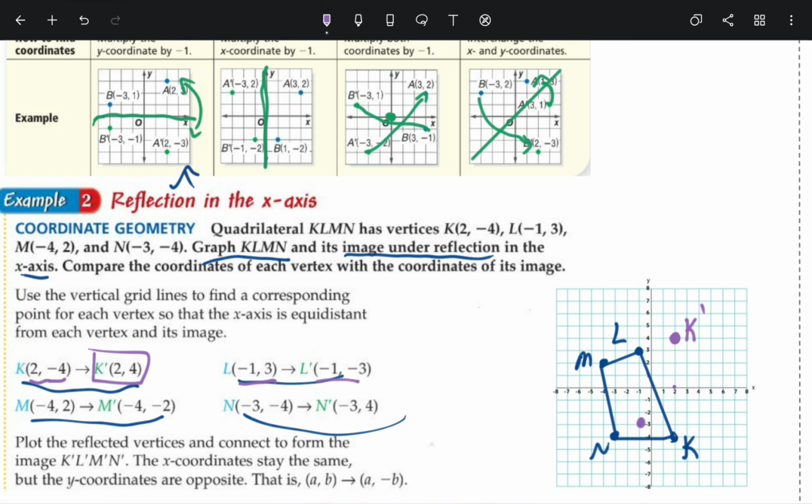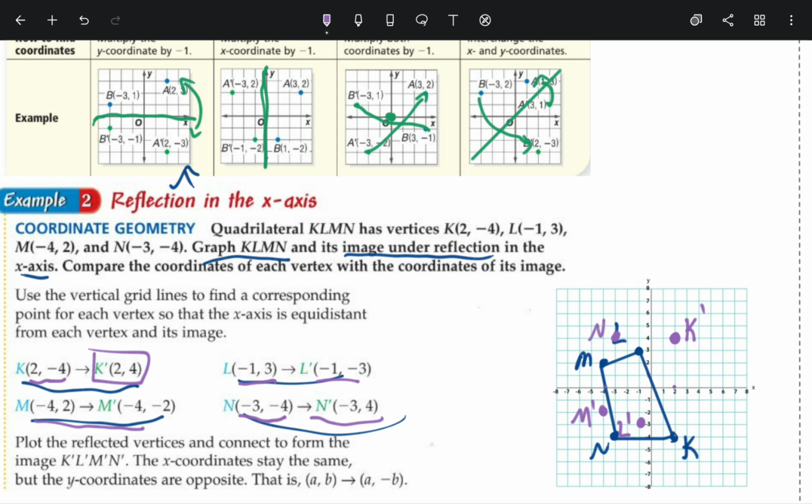So that's going to be down here. M is (-4, 2), and the image of M is (-4, -2), right here. And last but not least, N is (-3, -4), and the image of N is (-3, 4), right up here.